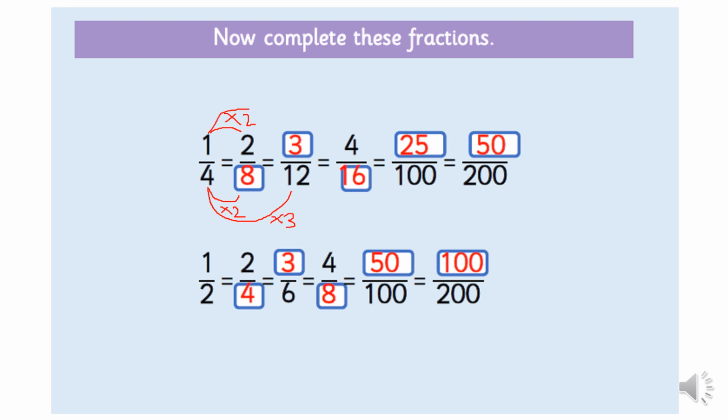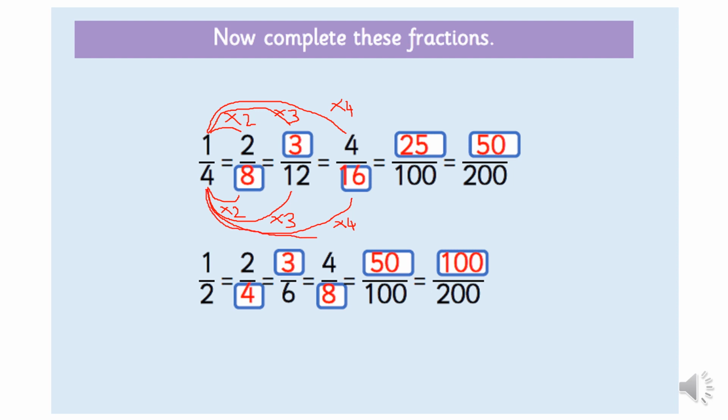Therefore, that has to be times by 3, making it 3/12. To get from here all the way over to here, I have times by 4. Therefore, I need to do exactly the same for this one, times by 4, making it 4/16.